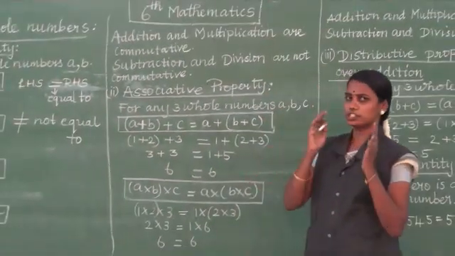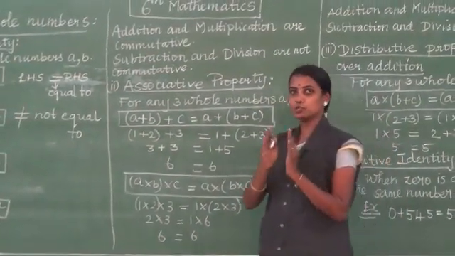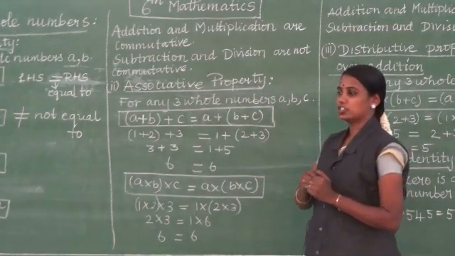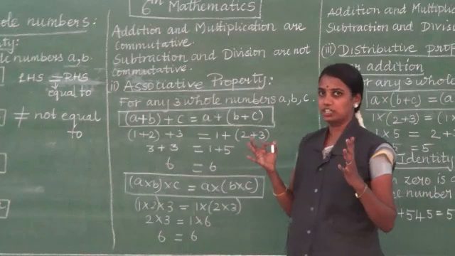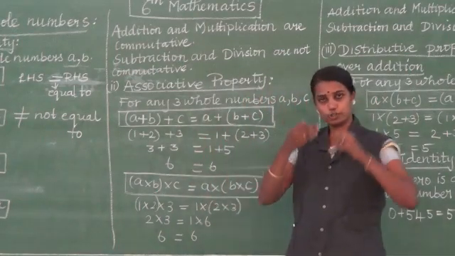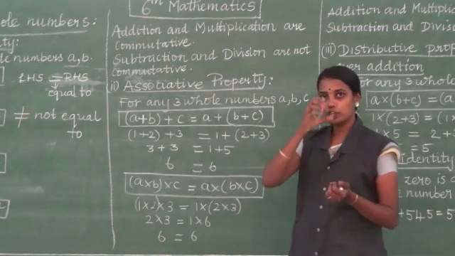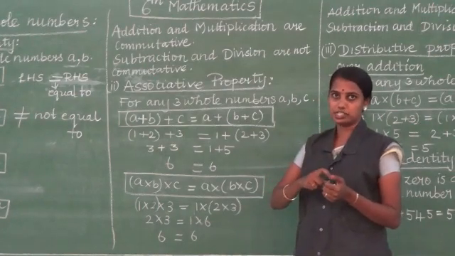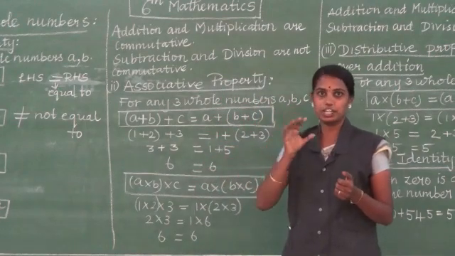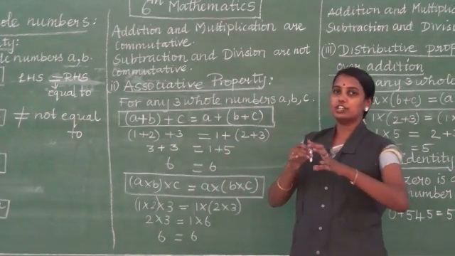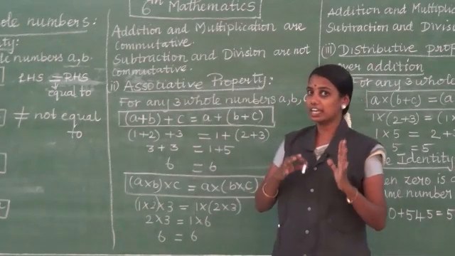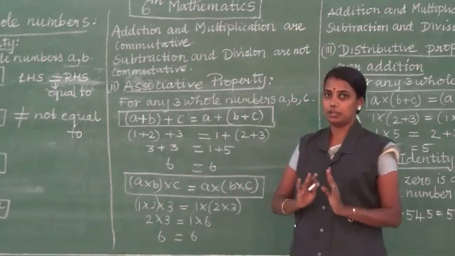Whenever you solve any problem, we give importance to the bracket. When you add many numbers, say 5 or 6 numbers, it is our wish to add 2 by 2 or 3 by 3. You can select any 2 numbers, not only the first 2 or the second 2, and the answer will not be changed.